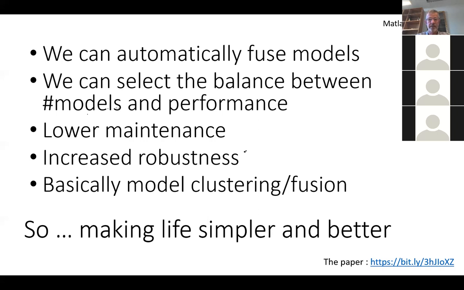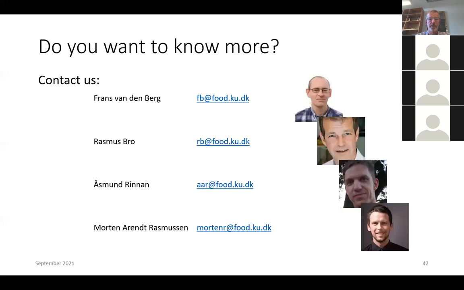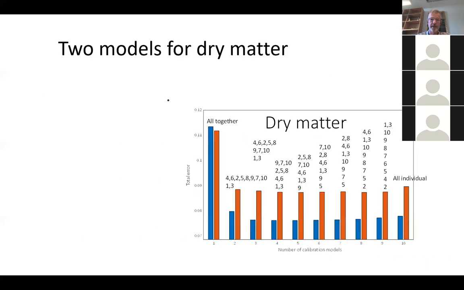Now there's a question: why not use a single local model? Well, let me just go back here. If you use a single local model, that means that, for example, when you look at this case, we have 10 different localities. That would mean that you have to maintain 10 different calibration models, and that's a substantial amount of work.